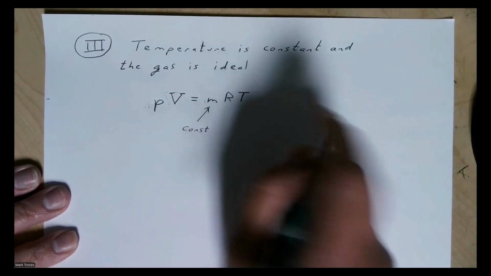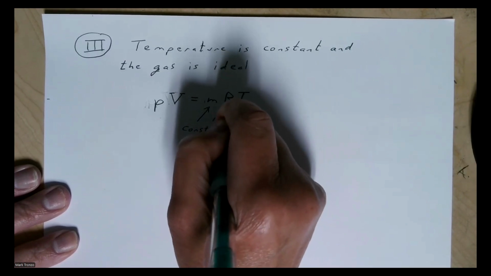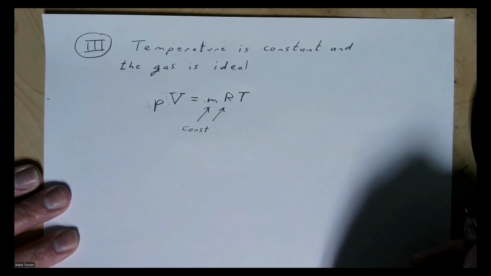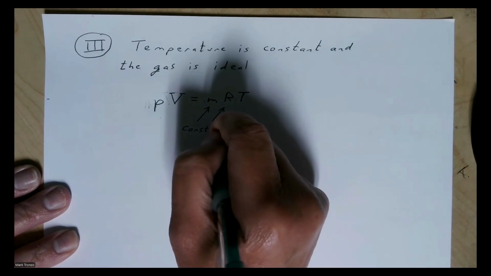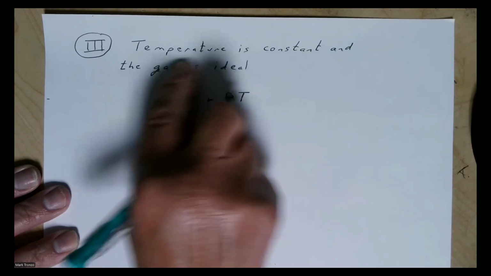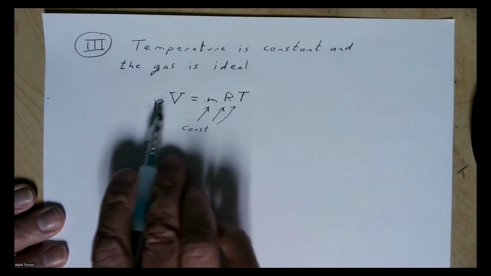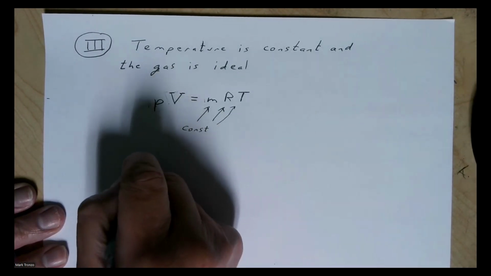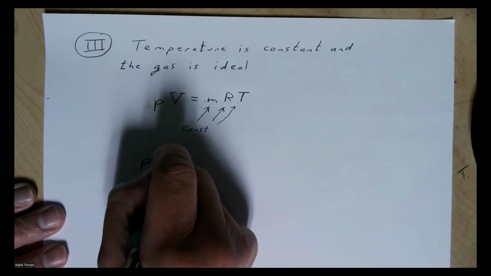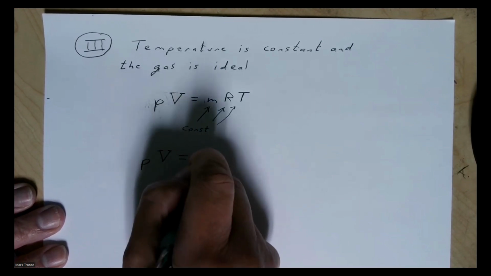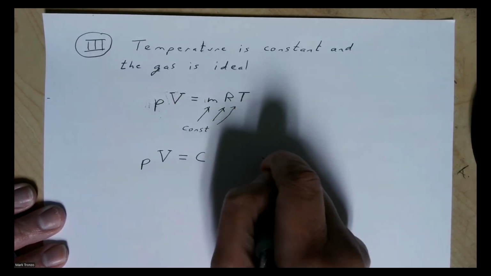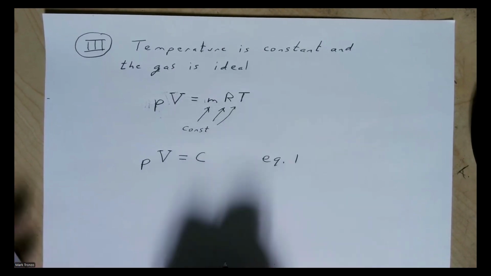And of course, this is always constant. And then also, if the temperature is constant, then we can say that PV is equal to a constant. And let's call this equation 1.